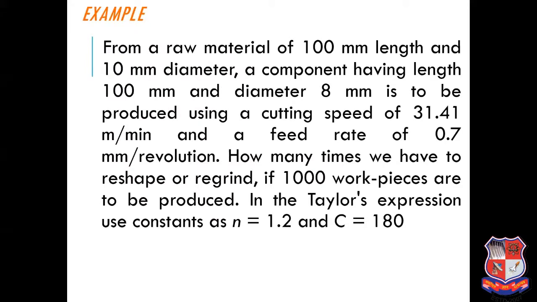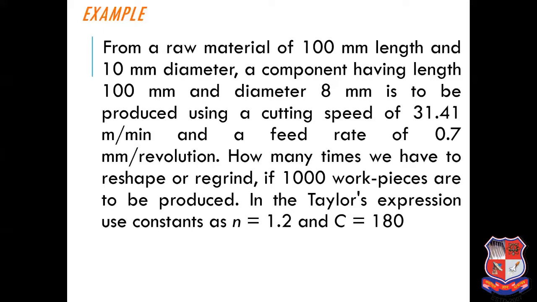From a raw material of 100 mm length and 10 mm diameter, a component having length 100 mm and diameter 8 mm is to be produced using a cutting speed of 31.41 meter per minute. So the length of the job is given 100 mm, and it has to be reduced from 10 mm to 8 mm.